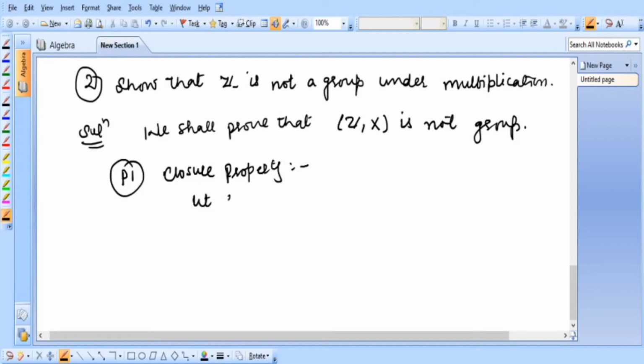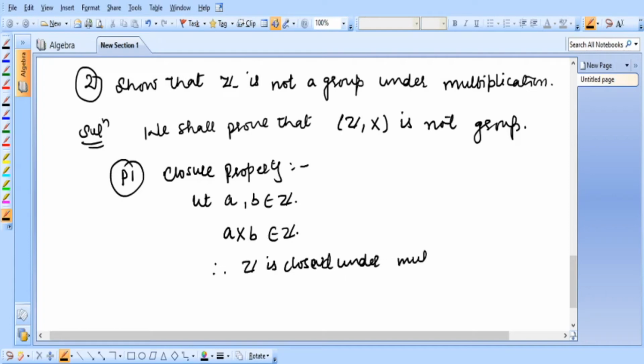Let a, b belong to Z. We know the multiplication of two integers is an integer again. Therefore Z is closed under multiplication, right?